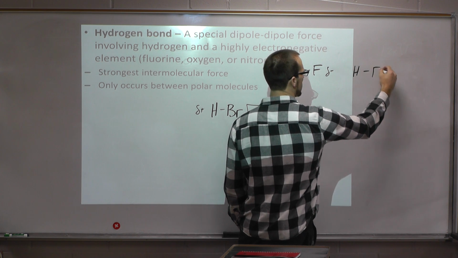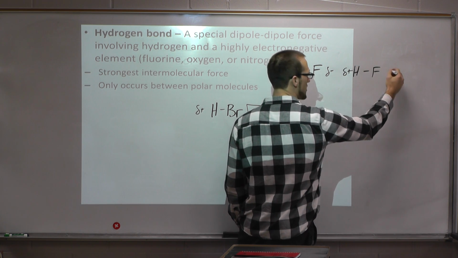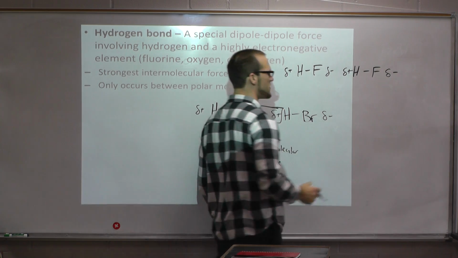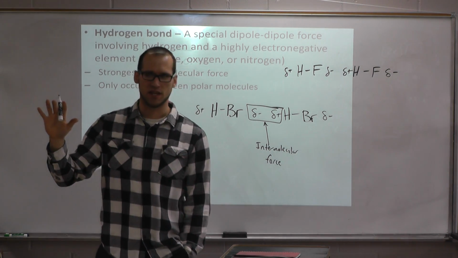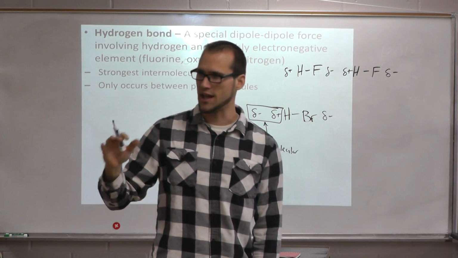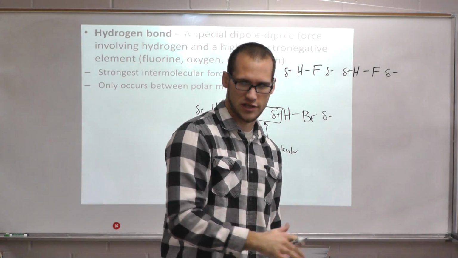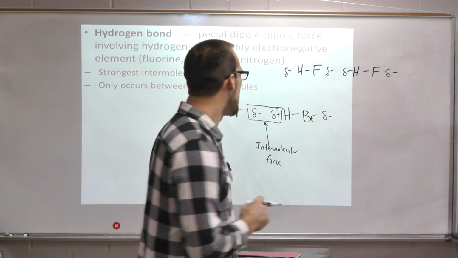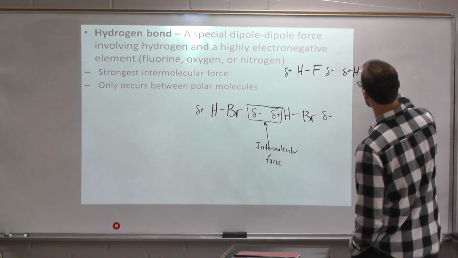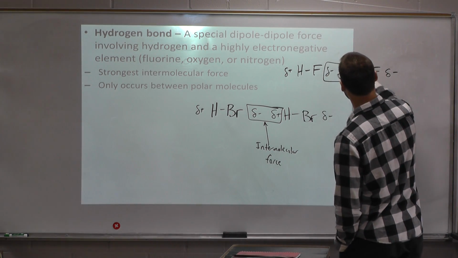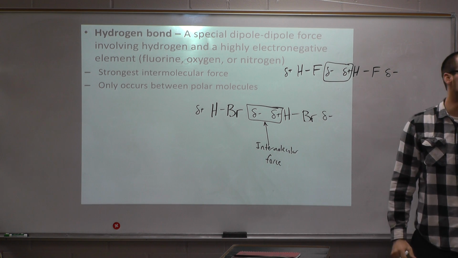Yes. They still orient themselves so that the positive is attracted to the negative. All that stuff is exactly the same. Same type of attraction. The only difference between a dipole-dipole attraction and a hydrogen bond attraction is that this particular intermolecular force here, this attractive force, is stronger.